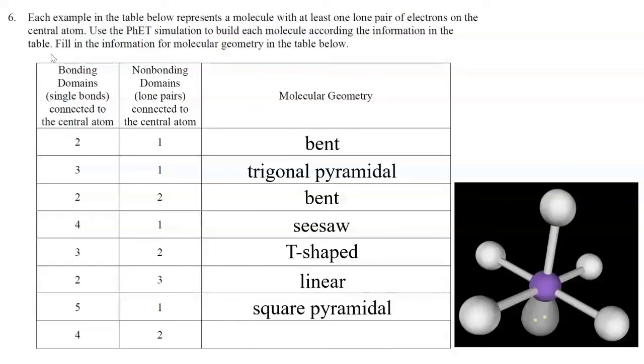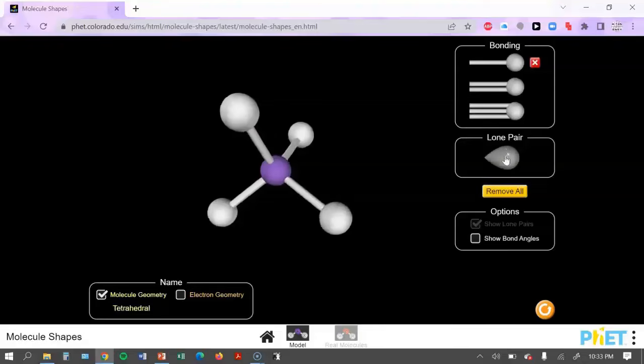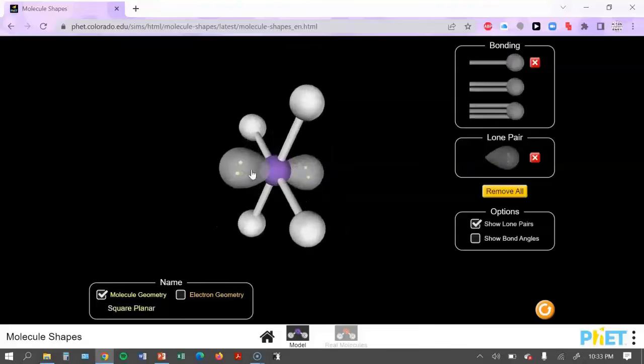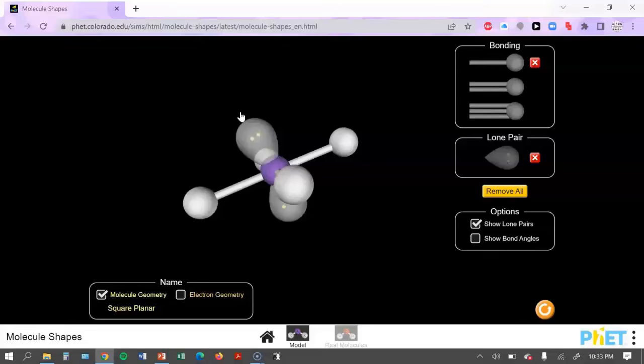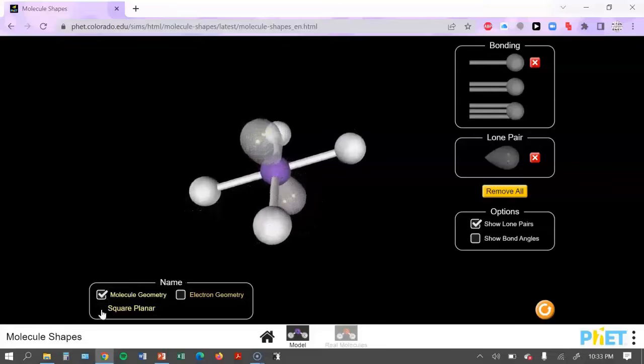And the last example in this table is 4 bonding domains and 2 non-bonding domains. All right, let's add 4 bonds and then 2 lone pairs. And the name of this particular shape is square planar.